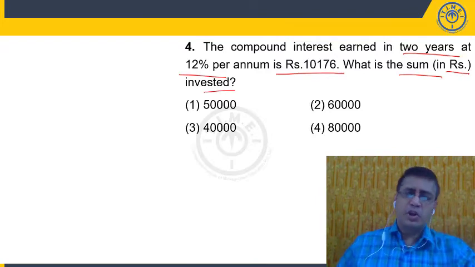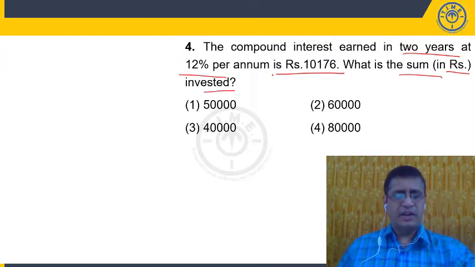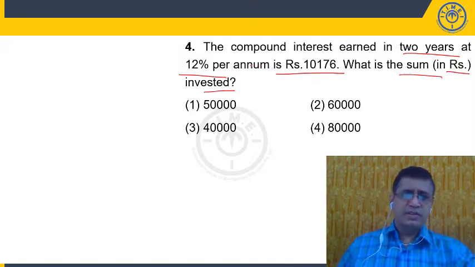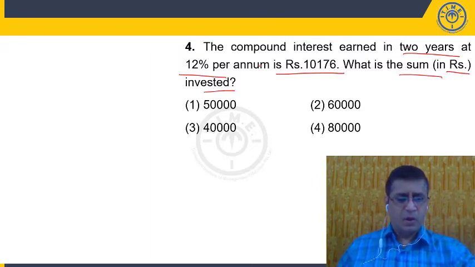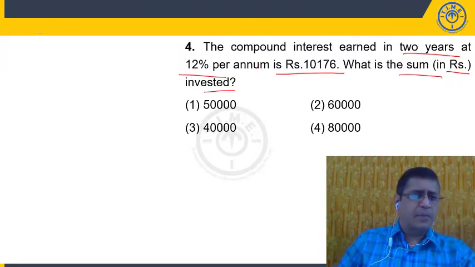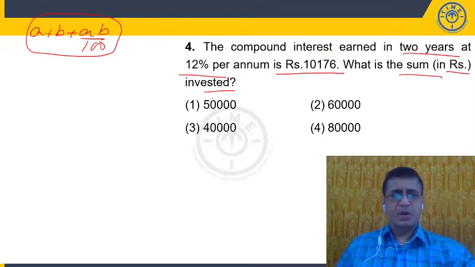Sum measured in rupees. We need to find the value of P. My dear students, by using the formula we'll get the answer, but here we can answer this question a little bit easier. A simple way to answer the question is just apply the previous formula A plus B plus AB by 100. Just apply the same formula here.